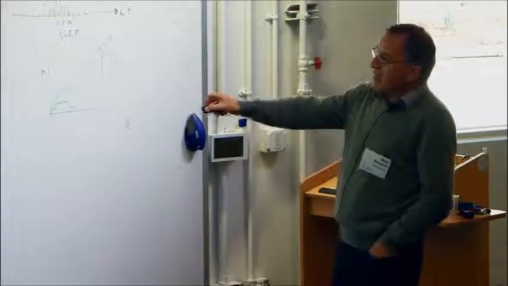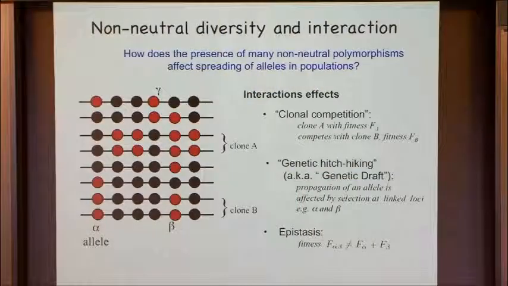So suppose this is a population, and this bunch of beads is a genotype, and in red are genetic variants, and there could be many individuals that are genetically identical, especially in an asexual population. So these form a clone, and then different clones, this clone A competes against clone B.